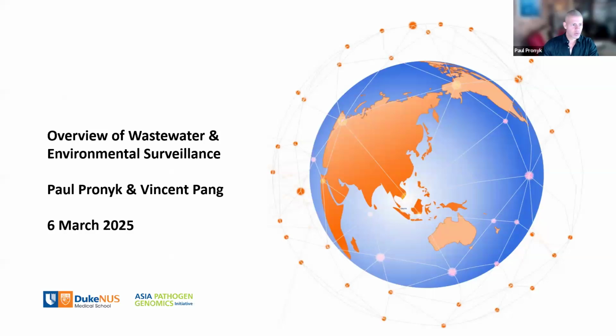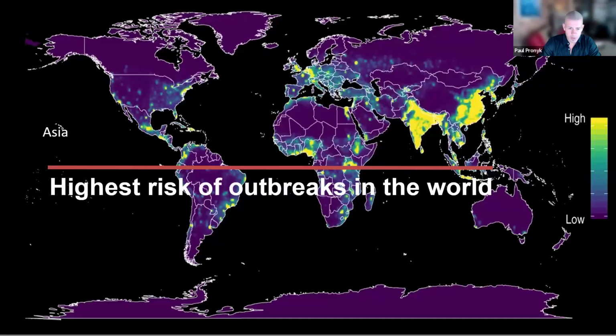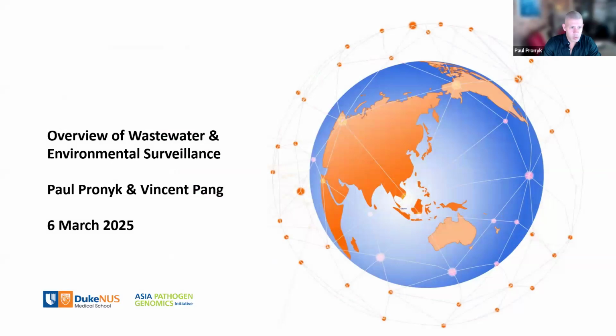To kick off, we are with the Center for Outbreak Preparedness at Duke-NUS Medical School, and we act as a secretariat for something called the Asia Pathogen Genomics Initiative, which brings together countries across the region to accelerate the use of genomics for a number of different use cases. One of the big ones is wastewater. We draw together expertise across about 14 countries in the region to accelerate learning in that space, and I'll be presenting some of that work to you here today.